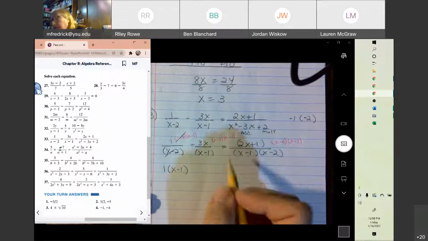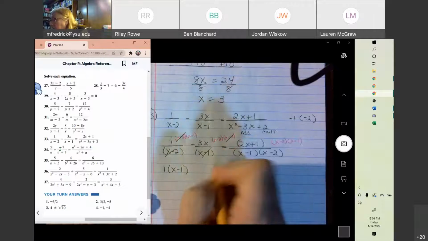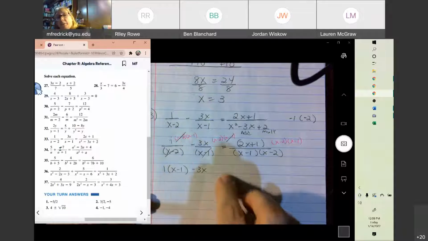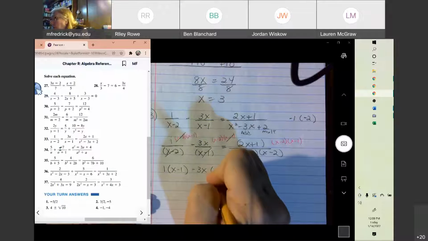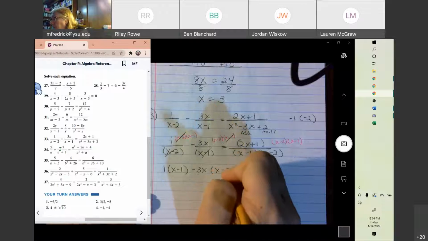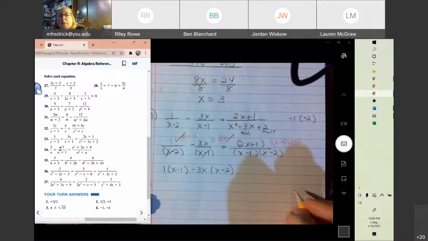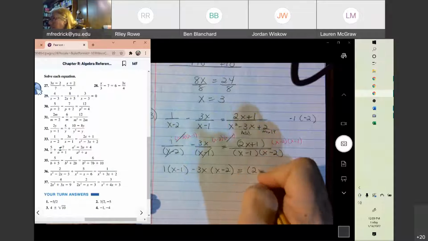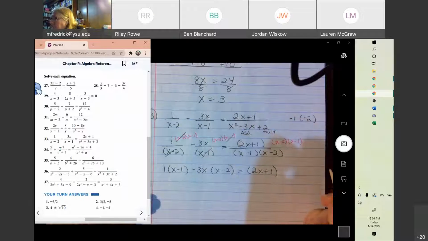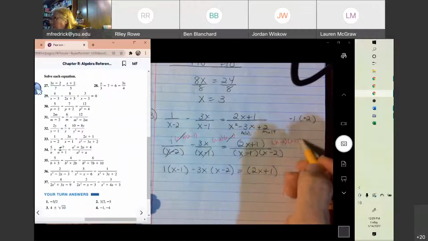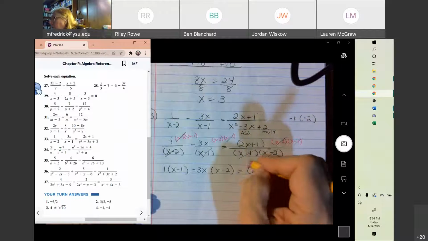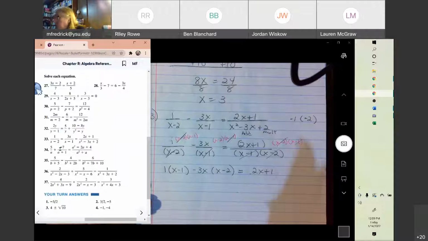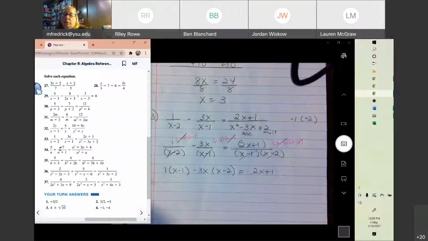The second one, the x minus 1's cancel and leave a minus 3x, which remember that negative goes with it when you distribute, times x minus 2 equals 2x plus 1. And notice x minus 1 and x minus 2 cancel. So on this side, we only have 2x plus 1. Any questions on that?